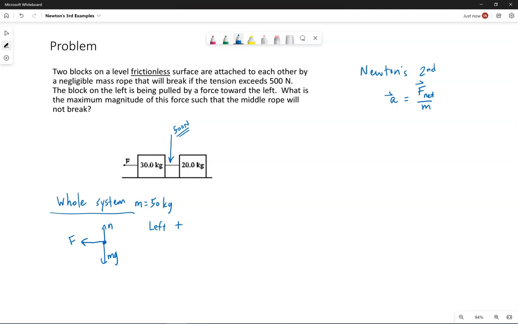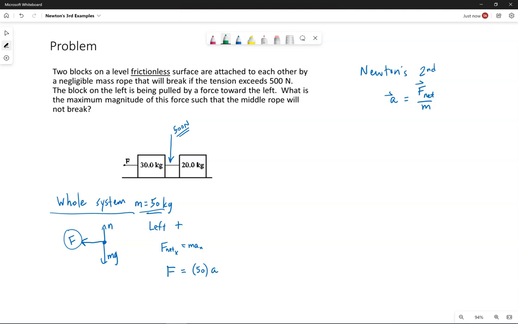So when I write out net force in the x direction equals mass times acceleration in the x direction, this force, F being the pulling force, is going to equal this entire 50 kilograms times whatever acceleration this system of boxes has towards the left. So we don't have enough information to solve for a numerical answer yet, but that's okay. It's helpful to go ahead and just start writing out what we do know.